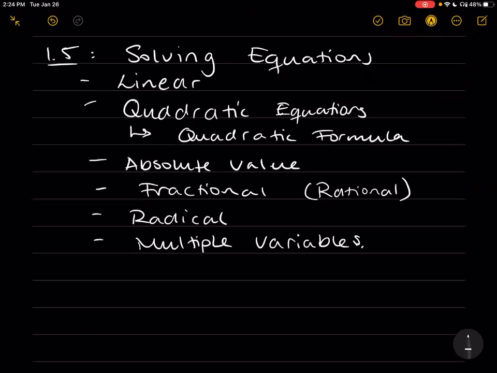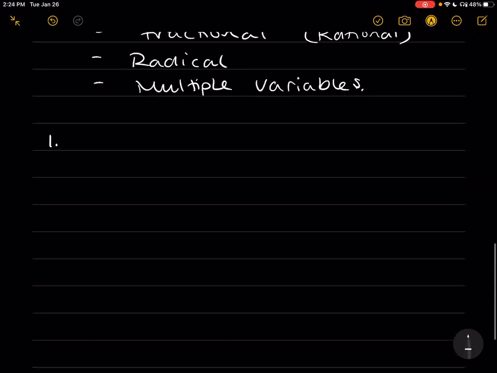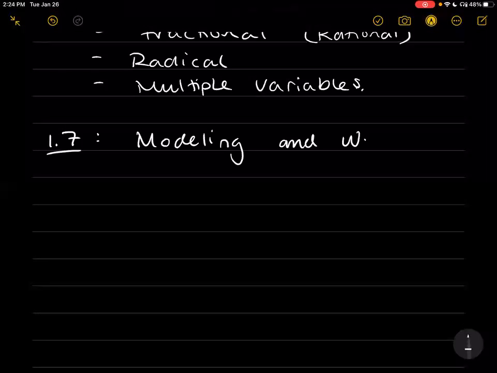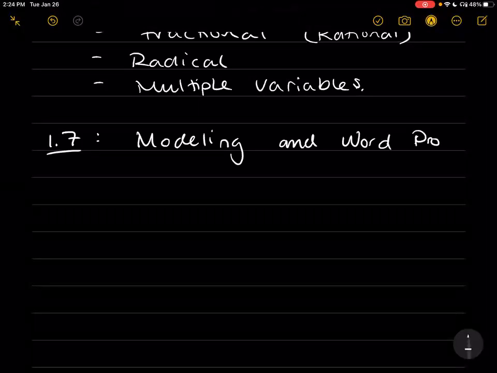All right, and then 1.7 was on modeling and word problems, probably the trickiest section in chapter 1 for most students. So the main word problems that we're focusing on in this class were simple interest.